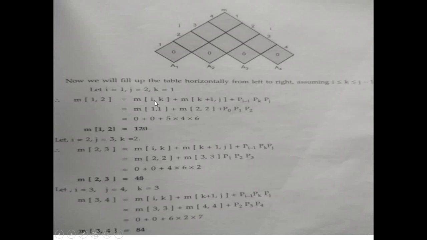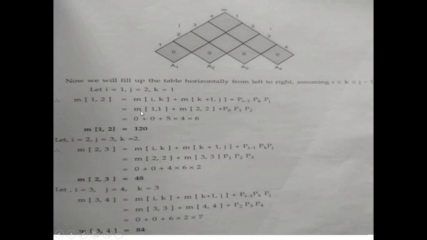So m11, m22 plus p[i-1], i is 1 here, so p0, p[k], k is 1 here, so p1, and p[j], j is 2 here, so p2.